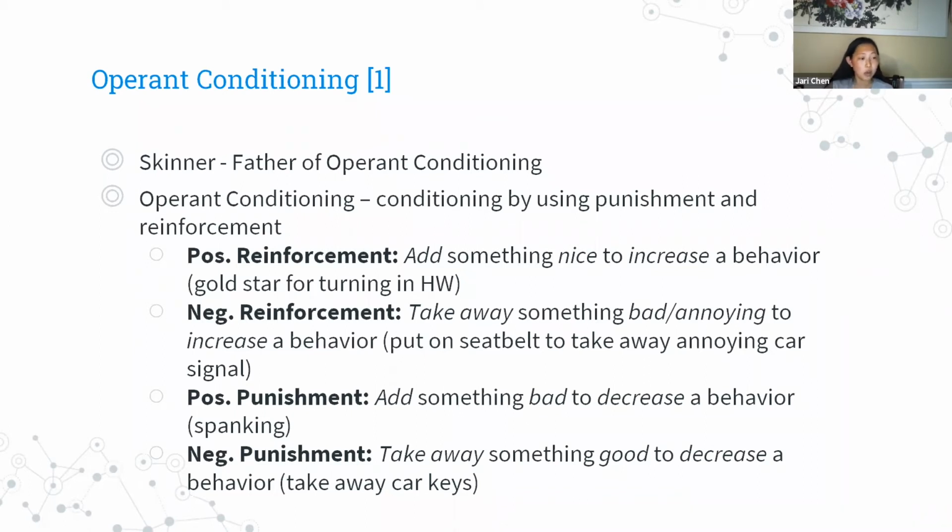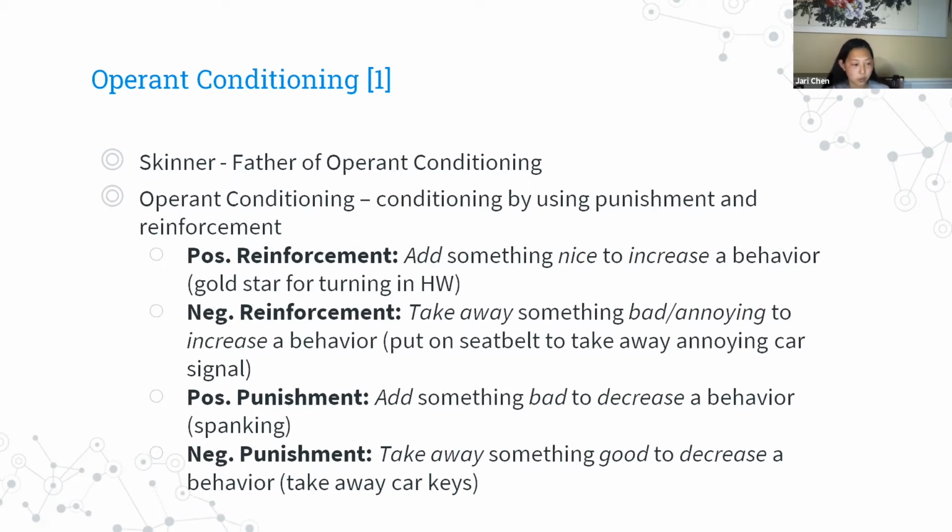Basically, reinforcement is anything to increase a behavior, while punishment is anything to try to decrease a behavior, and anything positive, like positive reinforcement or positive punishment, is when you're adding or giving something, while negative is when you're taking something away. These are pretty confusing in my opinion. Sometimes it's hard to tell, but as long as you know these rules, then it's pretty good.